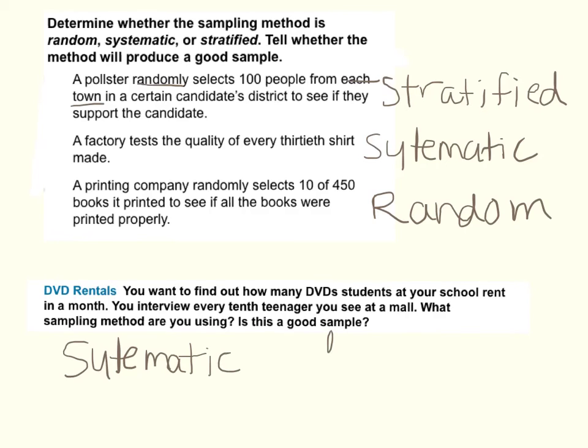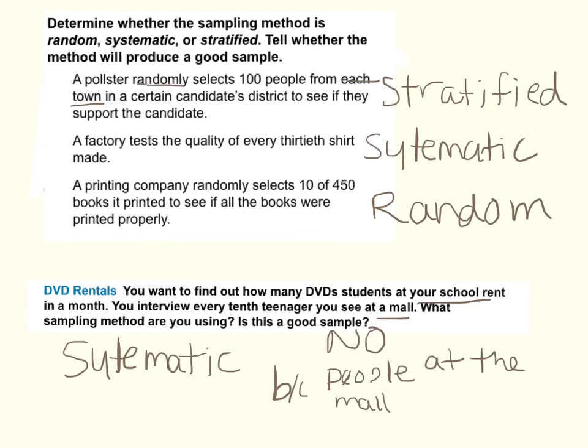And this is not a good sample because if you want to survey students at your school, you're probably going to survey at your school, not at the mall, because people at the mall aren't all from your school.